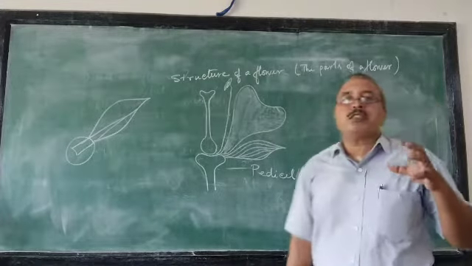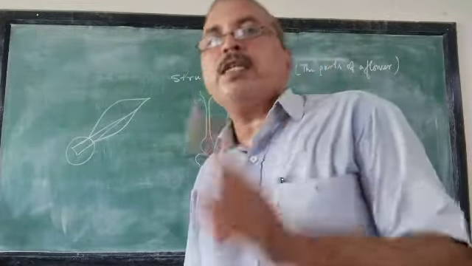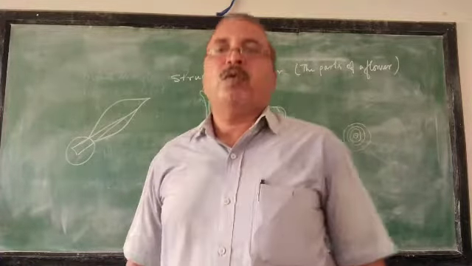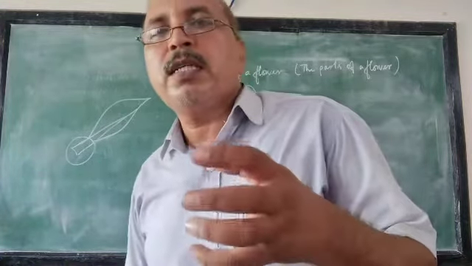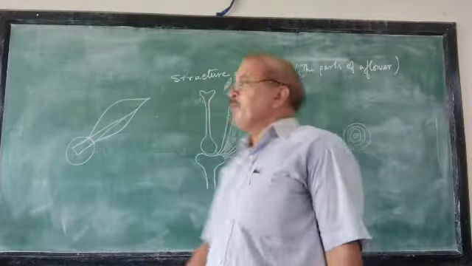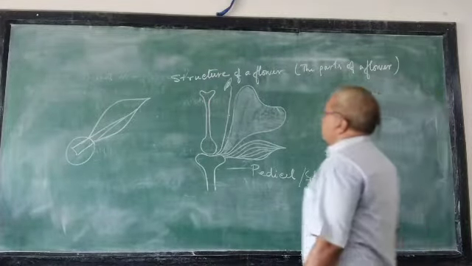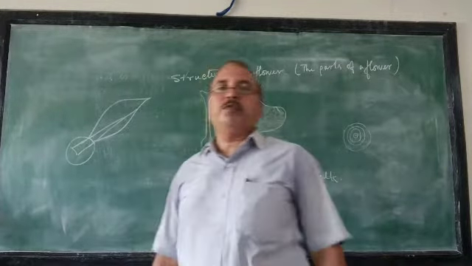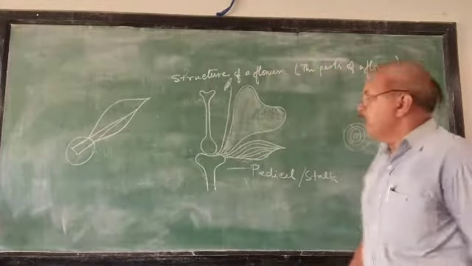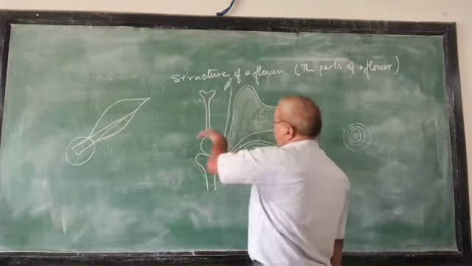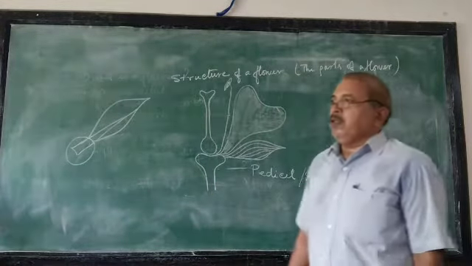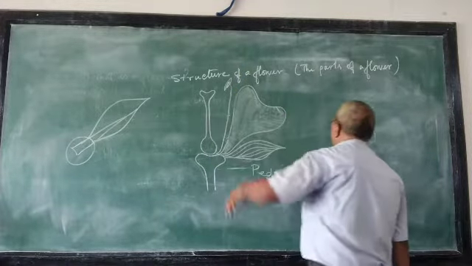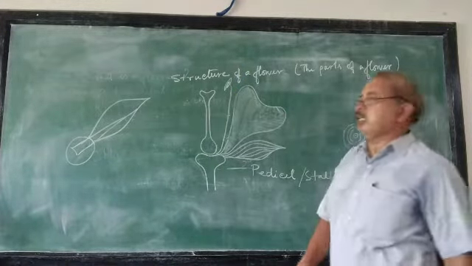So when many circles have one center, these circles are known as concentric circles, right? So this whole arrangement of the parts of the flower is called whorls. These whorls are arranged in four different concentric circles, right?